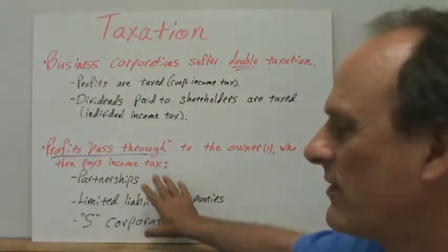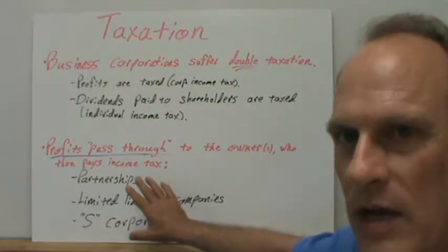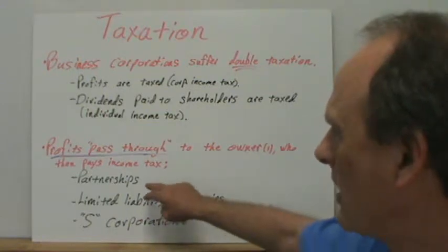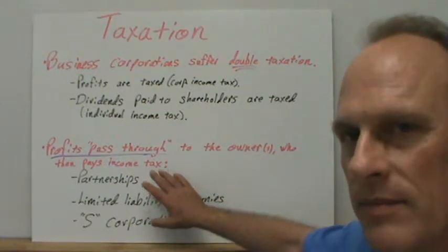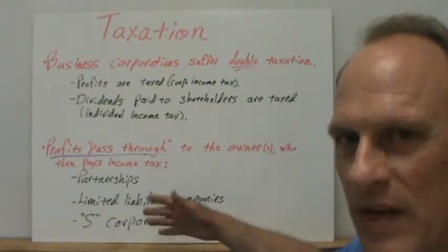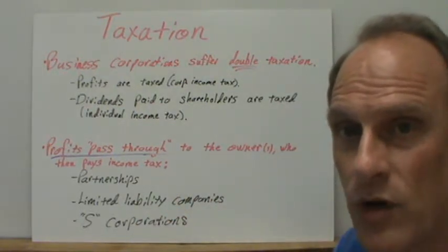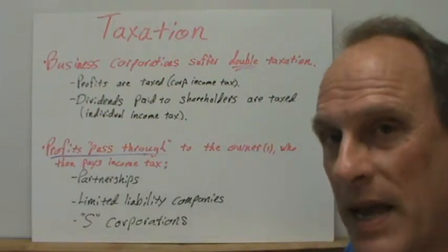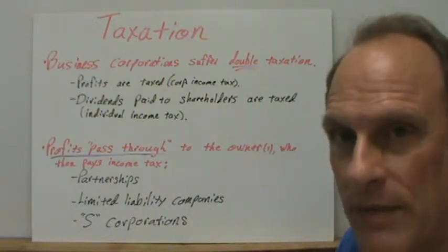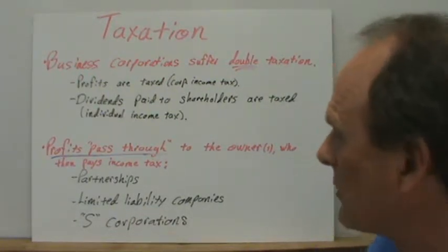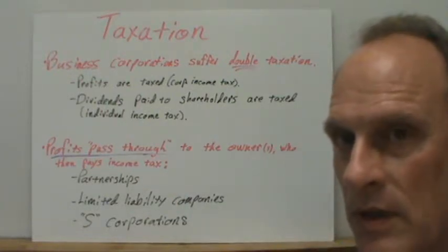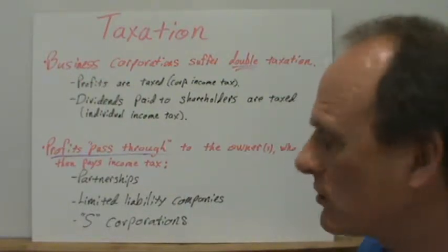Well, that's with a business corporation. What we do have is some pass-through arrangements with several business entities, the way they're set up or just the way they are. Profits are passed through and the entity is not a tax-paying entity. And so it's the owner that pays the income tax. It's not double taxed. That would be partnerships. The partners are taxed, not the partnership.